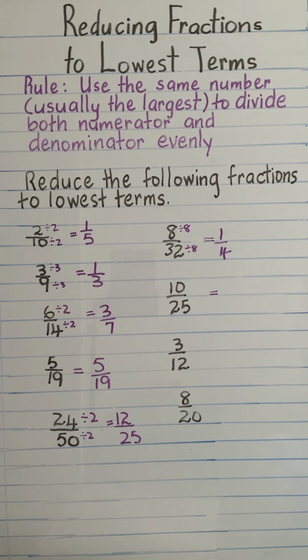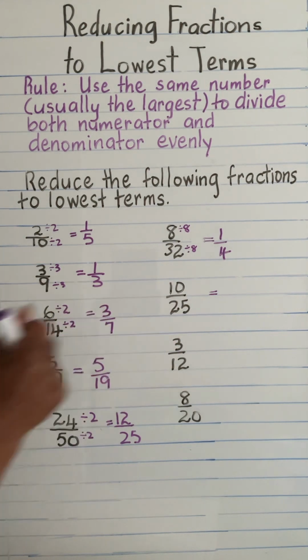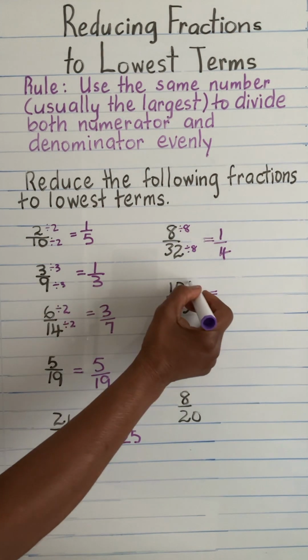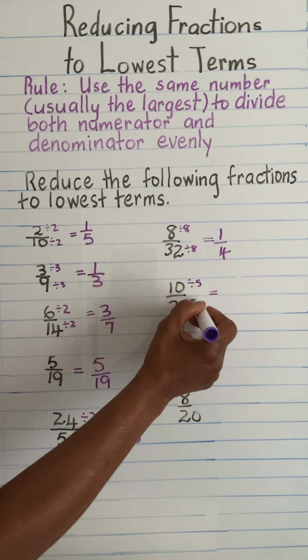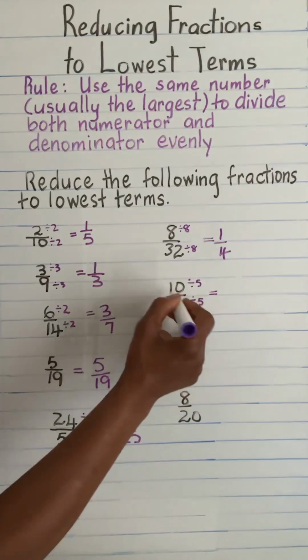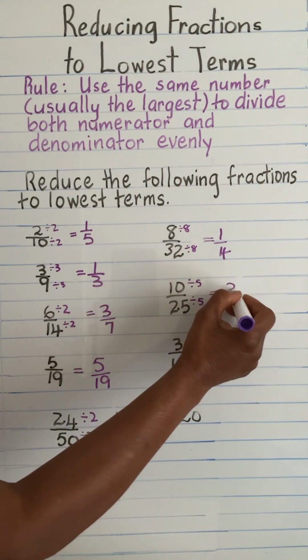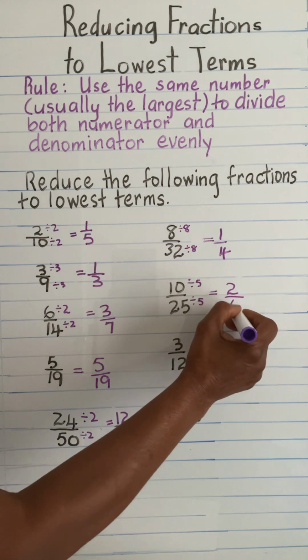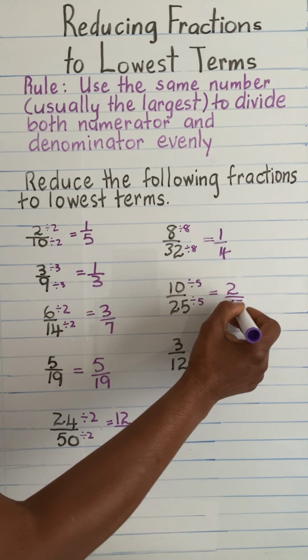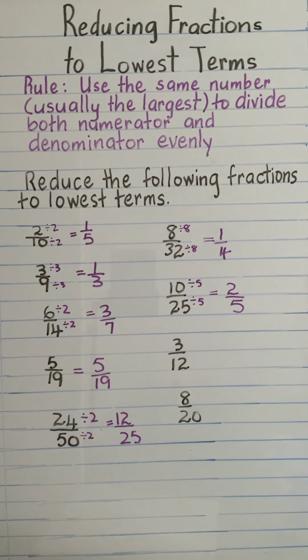So let's try 5. We know 5 can divide 10. So let's see if 5 can divide 25. Yes, it can. So let's divide both numbers by 5. 10 divided by 5, 2. 25 divided by 5, 5. So therefore, 10 over 25 is equal to 2/5.